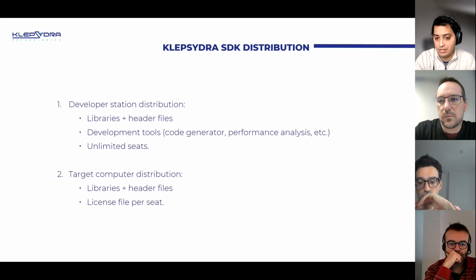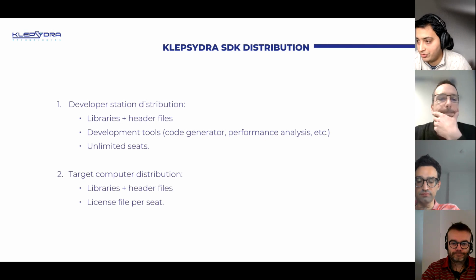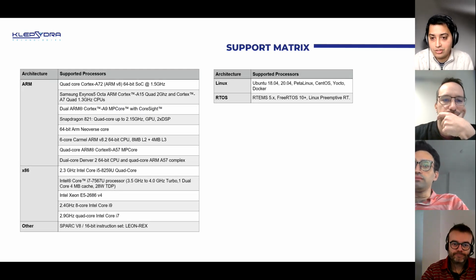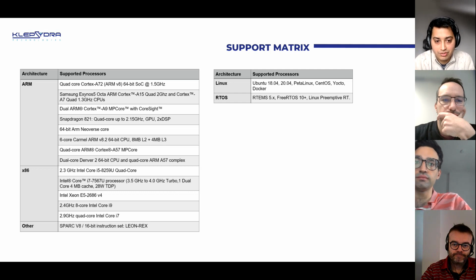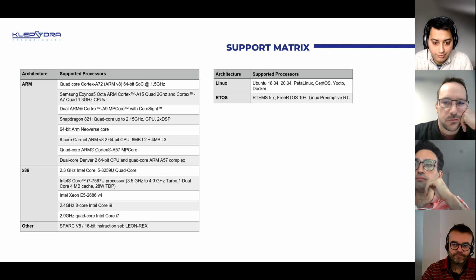The licenses are just administrative stuff, not so relevant to the workshop right now. Just a quick update on the support we have: ARM, x86, and we also have non-Linux OS supported, like RTEMS and FreeRTOS. And we are adding support for more as we keep on working.